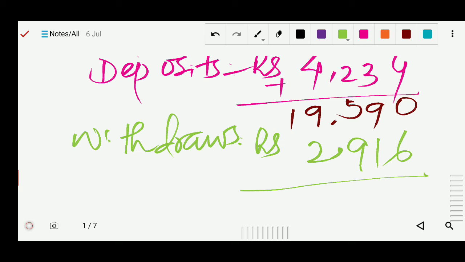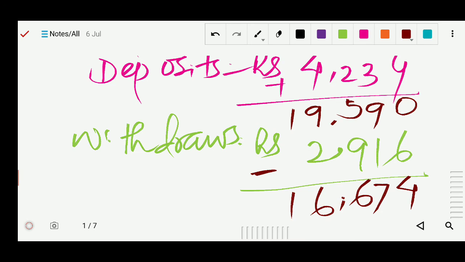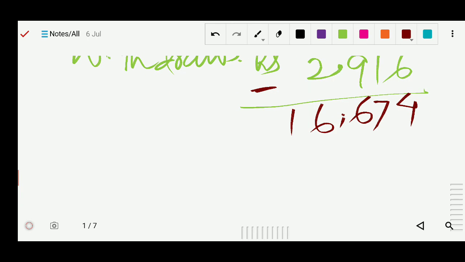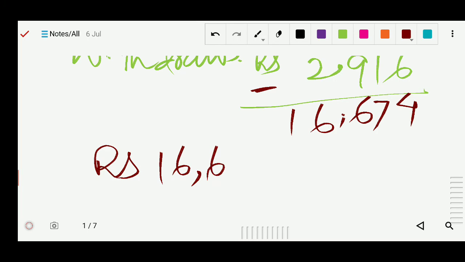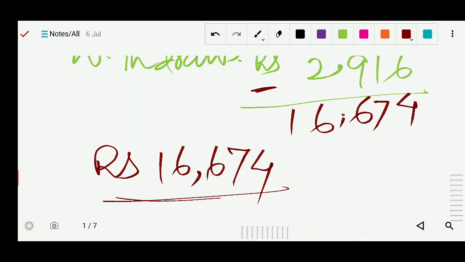Withdraw means we do the subtraction because it is taken out. Now you get 16,674. So the balance remaining with him is rupees 16,674 in his account.